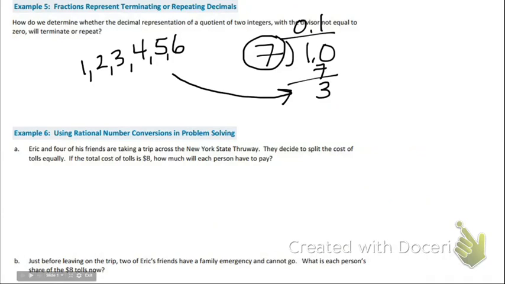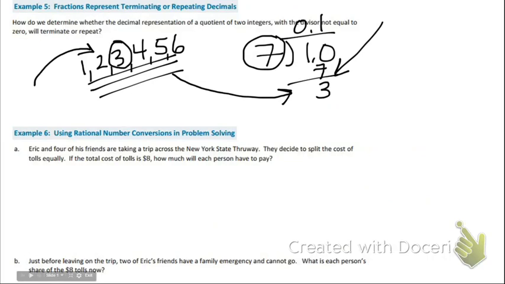That remainder cannot be 7, because if it was 7, I could still get another 7 out of 7. Can't be 8, same example, can't be 9. So it can only be these. As soon as we see one of these repeat, in this case the 3, we know it's all going to happen again.